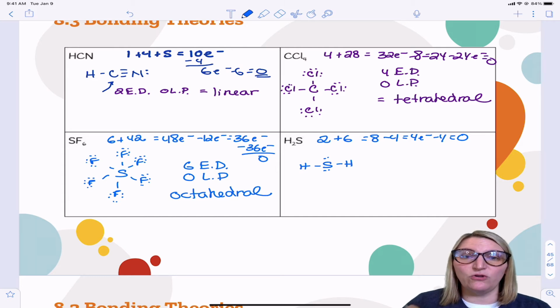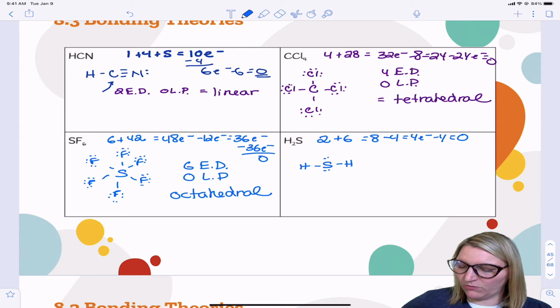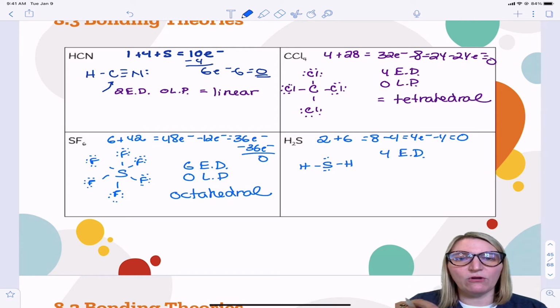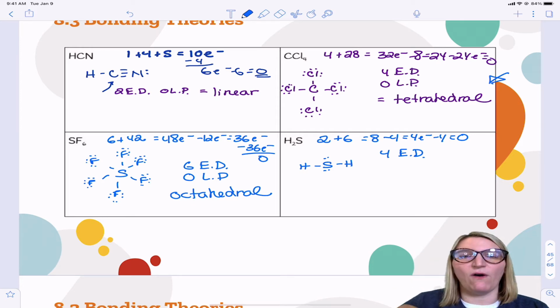And now I look northeast, southwest around the sulfur atom. How many electron domains? Remember, a lone pair counts as 1 and a bond counts as 1. So this guy has 4 electron domains. So if you look on the table, 4 electron domains could be tetrahedral if all 4 are bonds. It could be trigonal pyramidal if there's 1 lone pair.